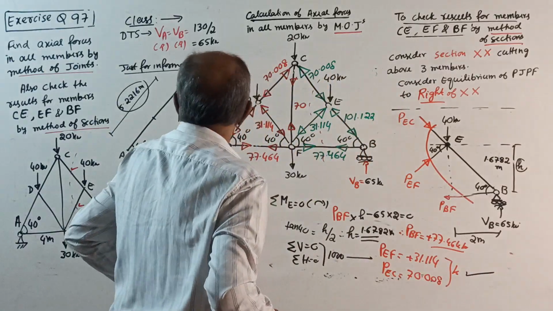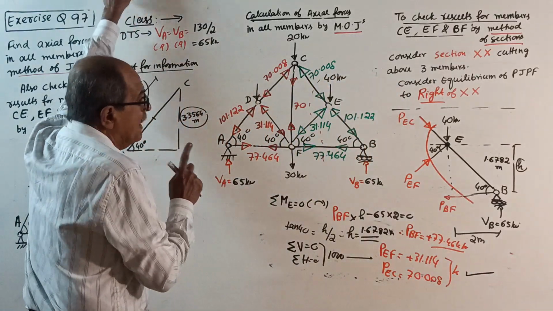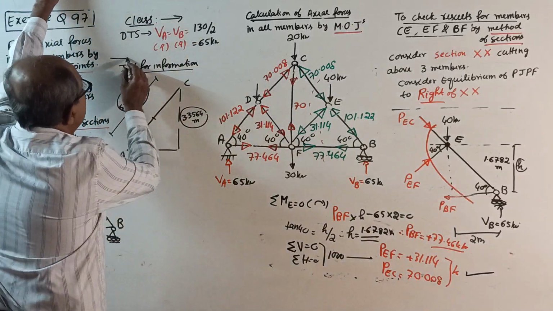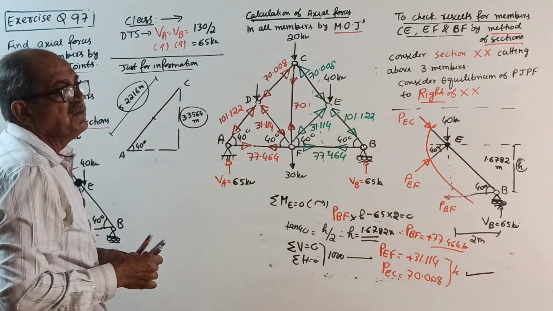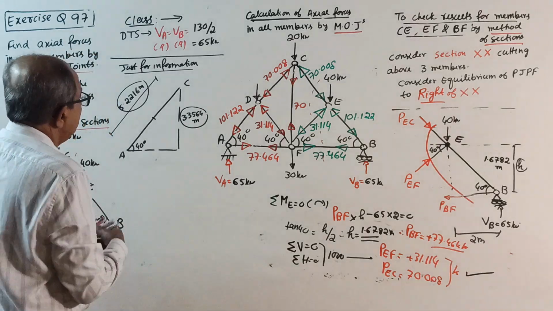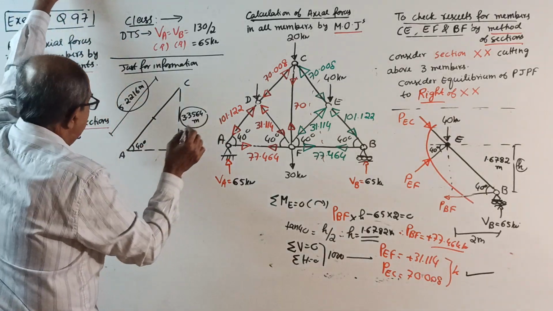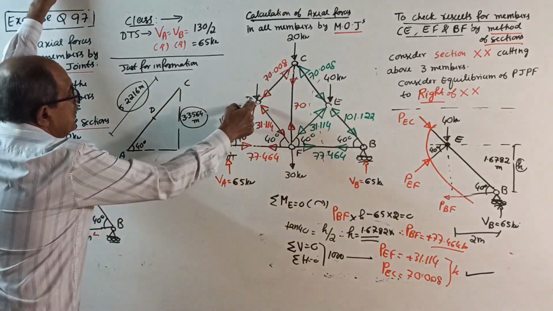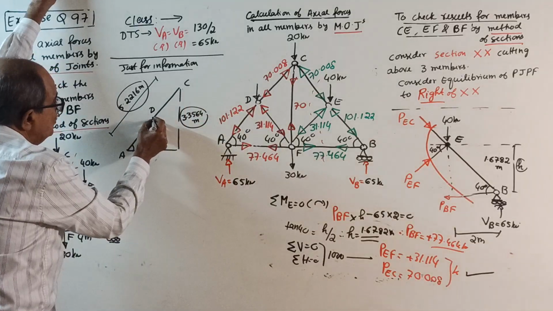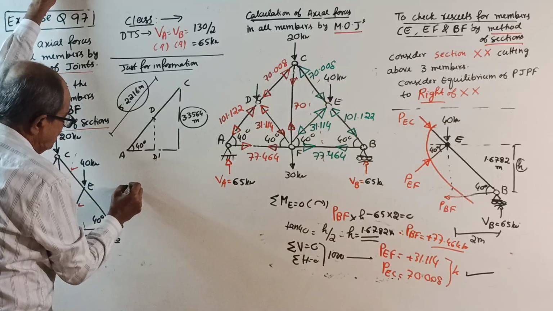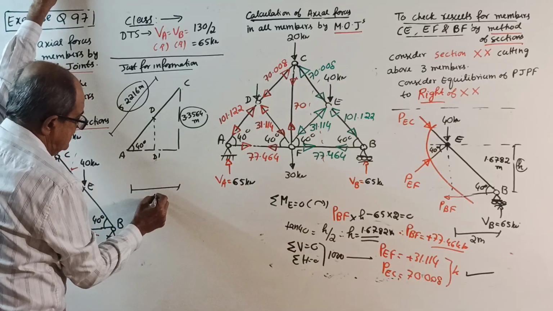But now 1 minute. Information. By chance, if it is not symmetric, make a note here. Here symmetry is there, no need of taking moment. If symmetry is not there, what to do? See, first of all, if this is D, suppose you take D dash here, and this total length is 4 meter.